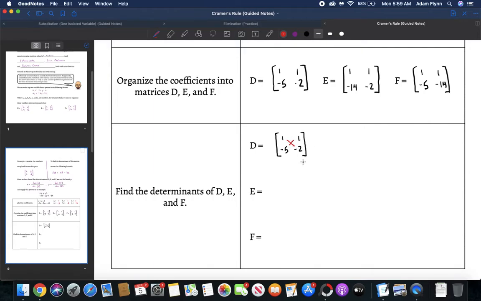So I'm going to draw this little x here, which shows that I'm multiplying 1 by -2 and subtracting 1 times -5. So I've got 1 times -2, that's my A times my D, minus my B times my C.